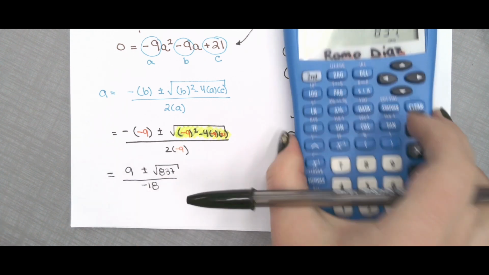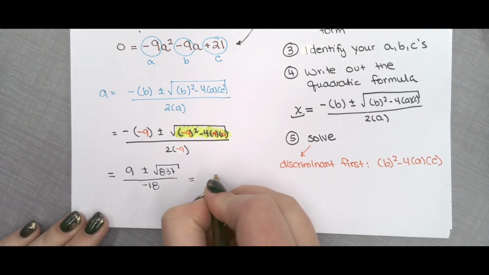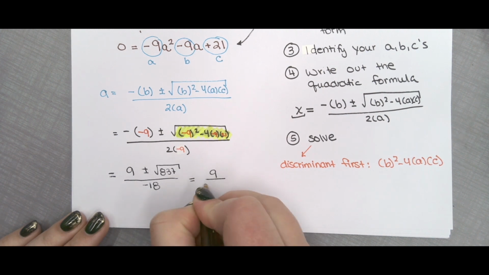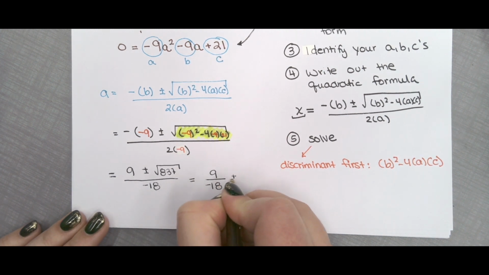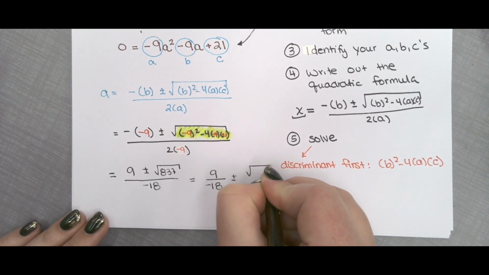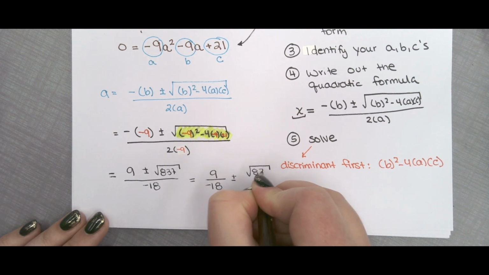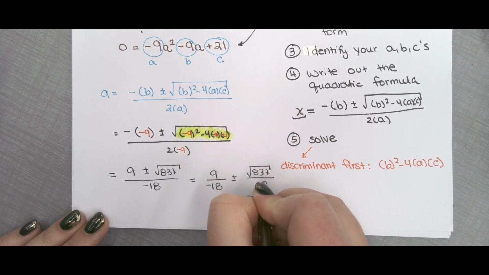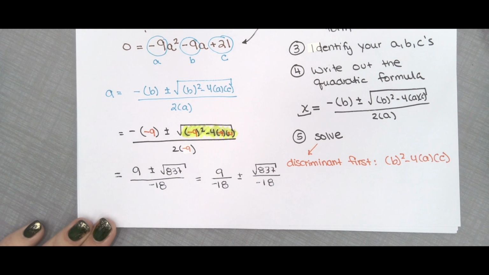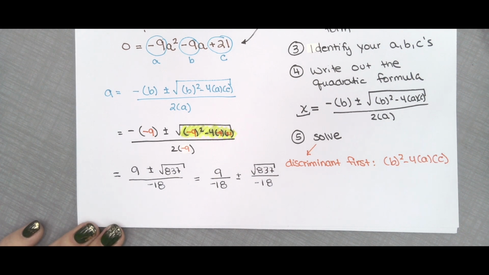First of all, we got to break this apart into two fractions. We got 9 over negative 18 plus or minus the square root of 837 divided by negative 18. Split it up into 2. Simplify. If your radical can simplify, you must simplify your radical.